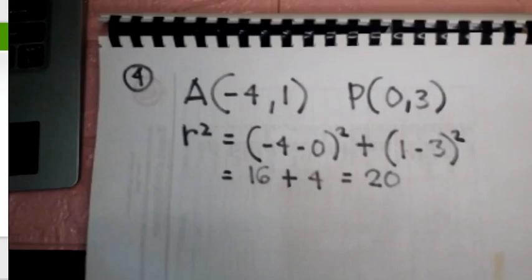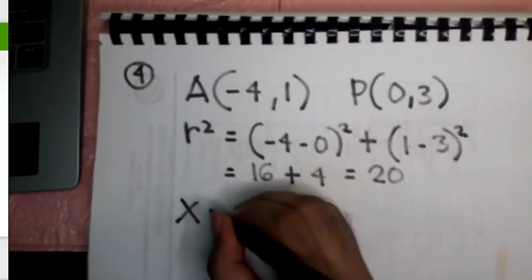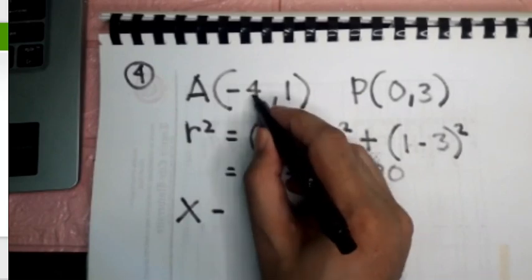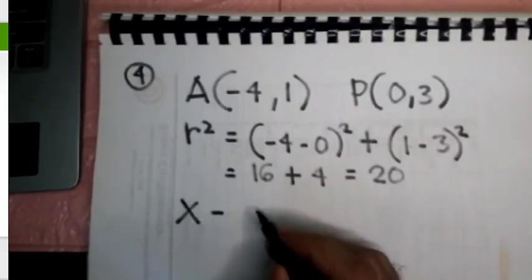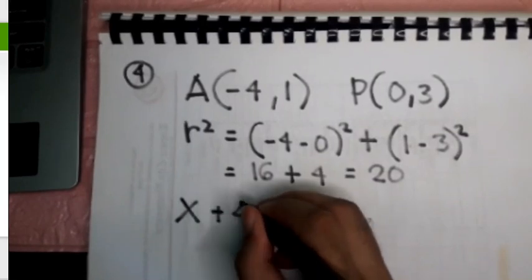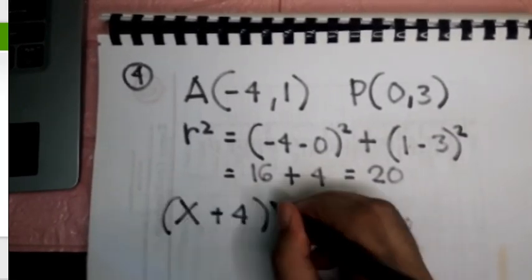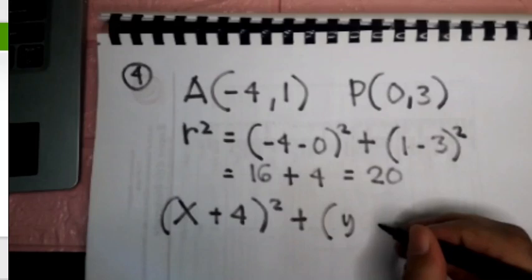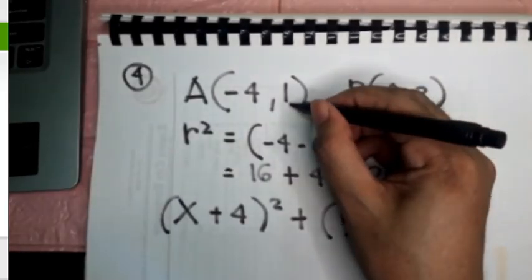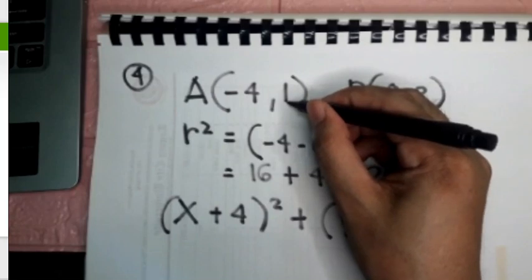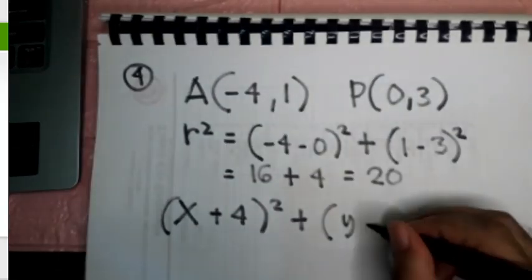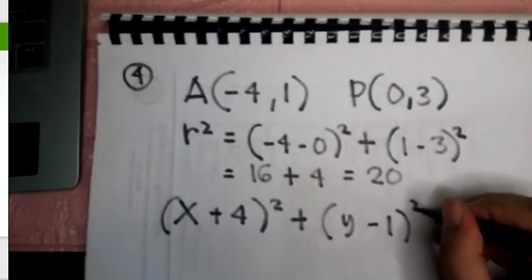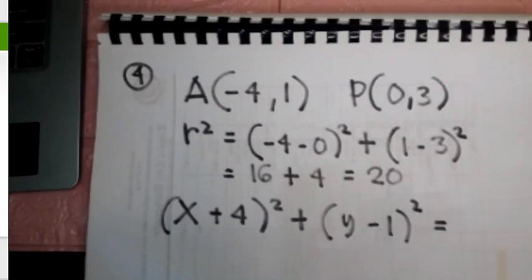What is the standard form? x minus negative 4, that is x plus 4, it will become positive, squared, plus y minus k, where k is 1, so y minus 1 squared, and it is equal to 20 as we already computed.